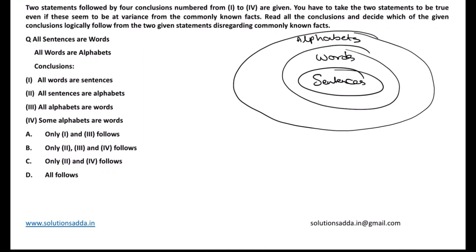So this is the possible Venn diagram from the given statements. And now let us see each of the conclusions one by one.